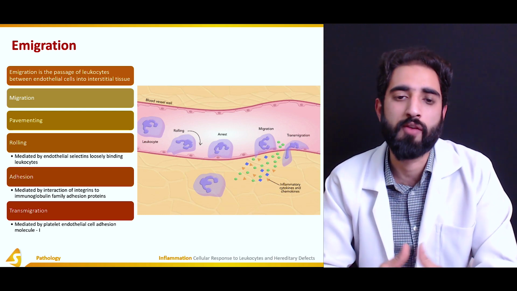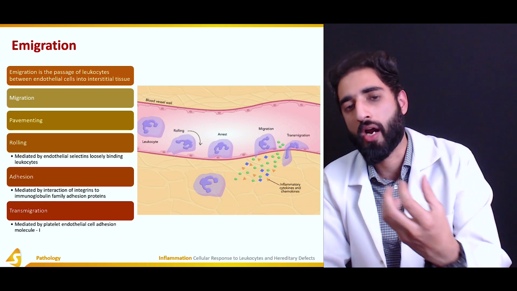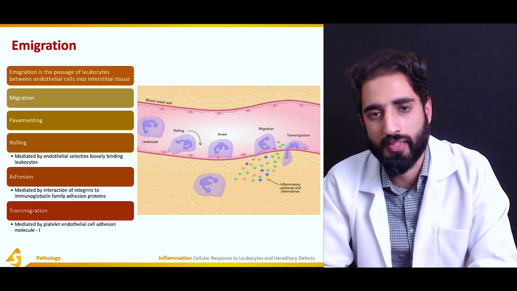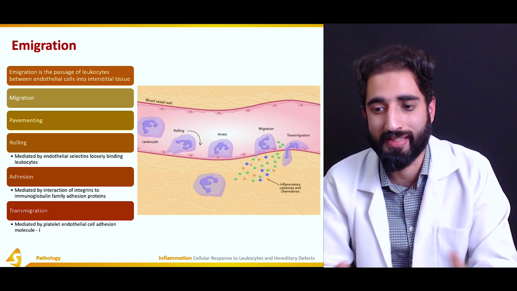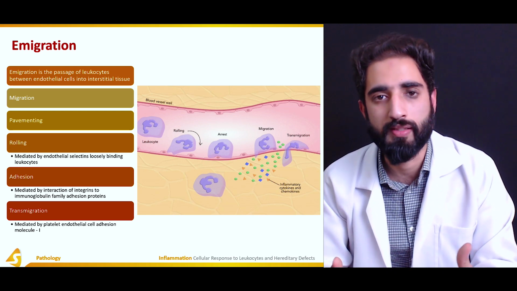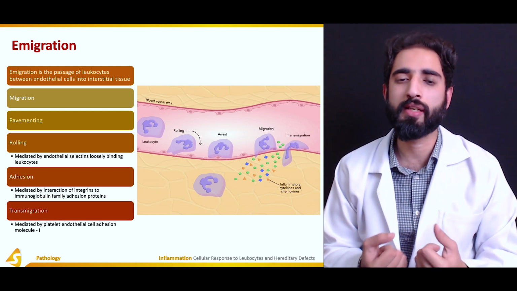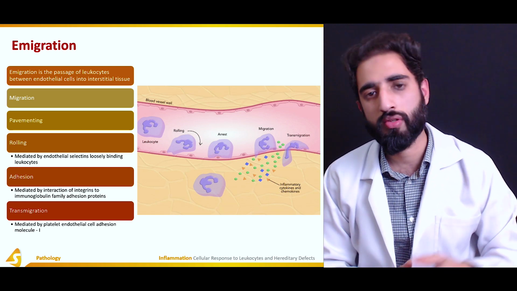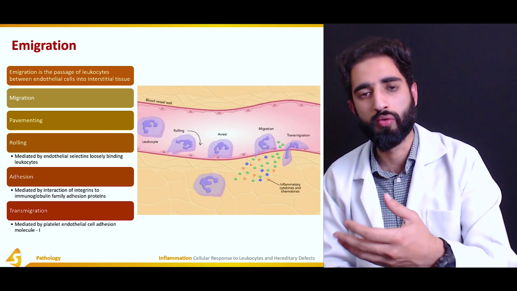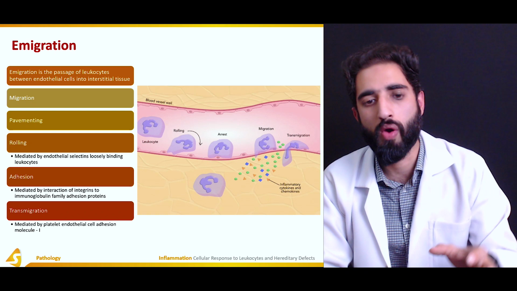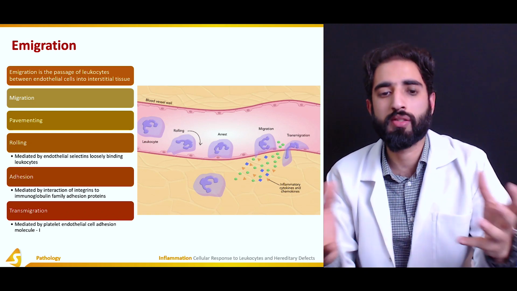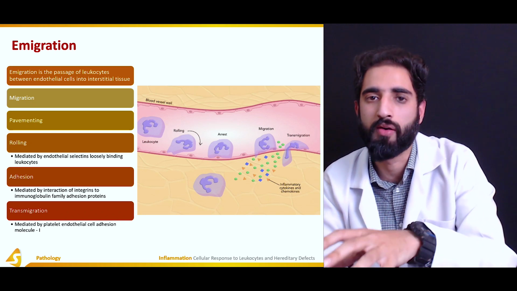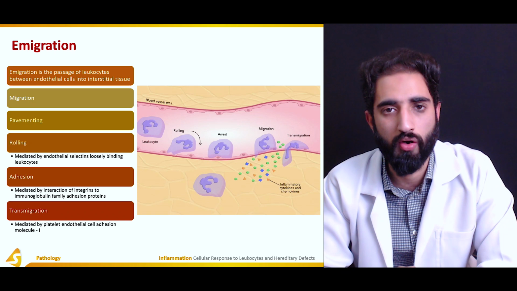First of all, they are attracted by different types of products which are released during the process of inflammation, known as cytokines or chemokines. These cytokines and chemokines attract those leukocytes or WBCs. Those leukocytes come to that area through the blood flow, and that is known as margination, the process of coming to the site of injury or inflammation.